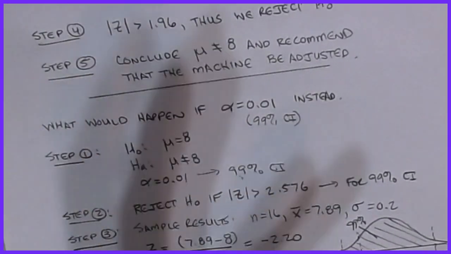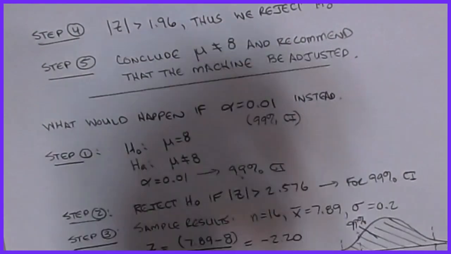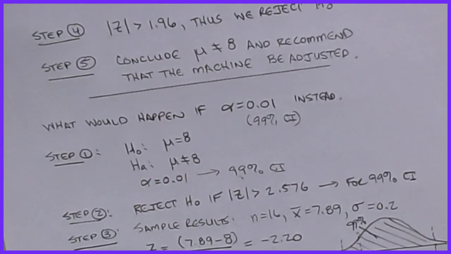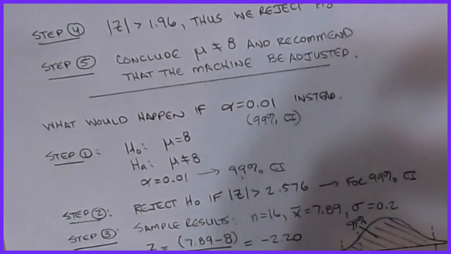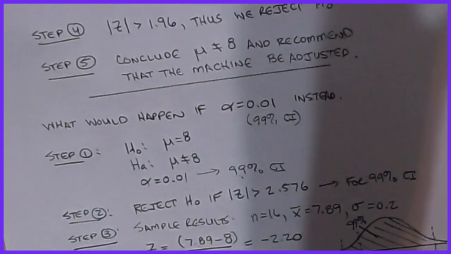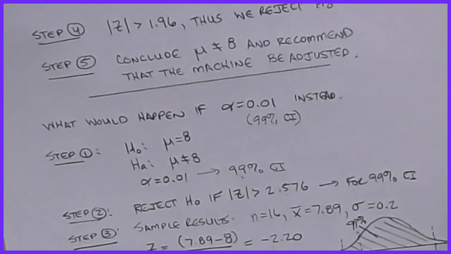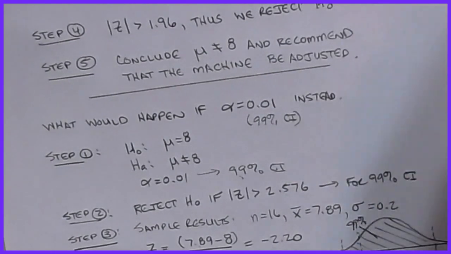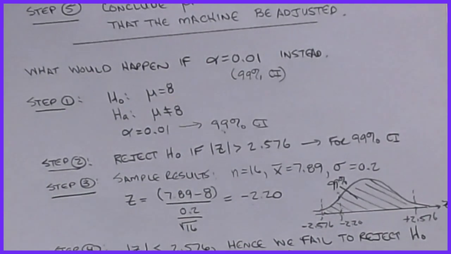We've done a simple one, just for a sample mean, but you can do population tests for proportions. You saw that when we were playing with the alphas and the betas. You can do it for variances, and there are a whole lot of different ones that we'll cover in future videos. For now, I'm just trying to introduce the concept of how we can start to formalize our procedure for conducting a statistical test.